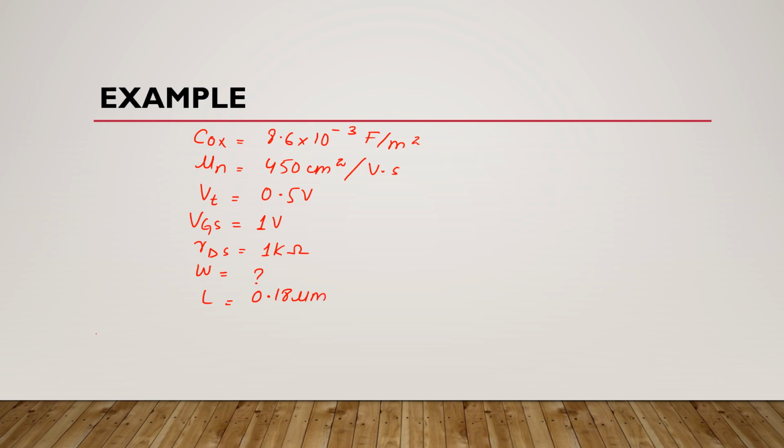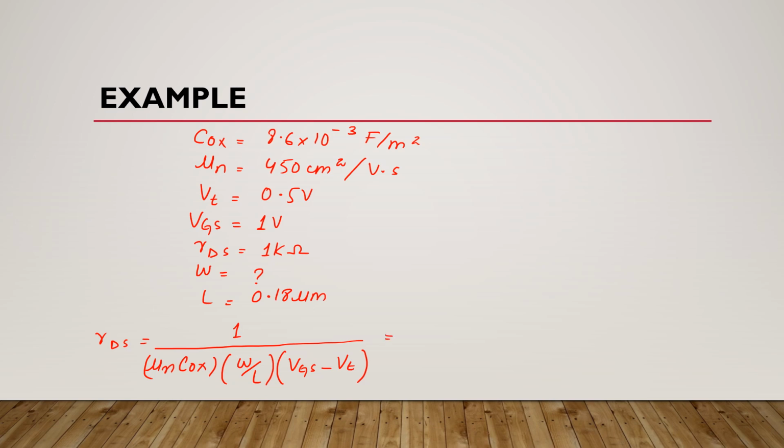Again you will use this formula of resistance, which is equal to 1 divided by mobility of electrons multiplied by capacitance of oxide layer, multiplied by the transistor aspect ratio, and here we have gate to source voltage minus threshold voltage.